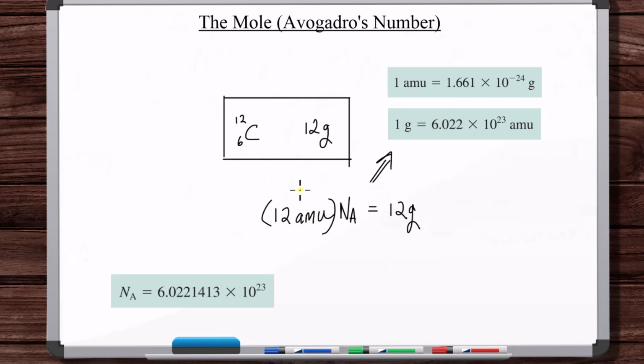Well, we want to convert this: this 12 AMU needs to be 16 AMU, right? That's the mass in AMU of an oxygen-16 atom. So we could multiply this by 4/3 to now have 16 AMU, but to not change the equation, we multiply the other side by 4/3. Well, this is 12 and this is 12. You're going to get 16 on this side times Avogadro's number is equal to 16 grams.